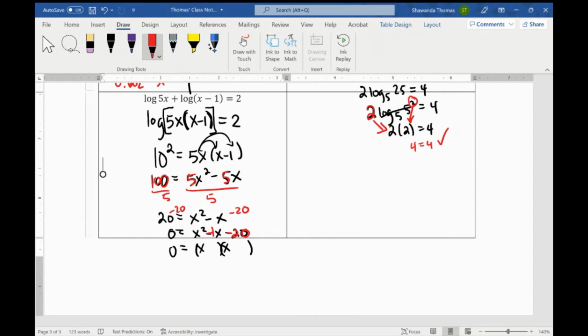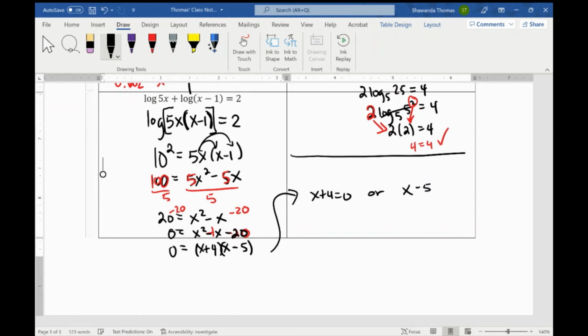What factors of negative 20 will add up to negative 1? I know 5 and 4, but what are our signs? What sign is negative? Negative 5, positive 4. And then we're going to set each factor to 0. So x equals negative 4 or 5.